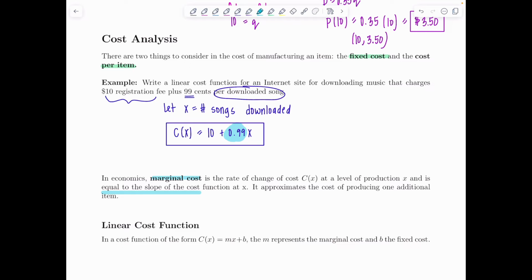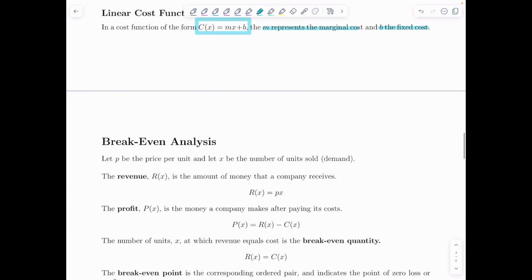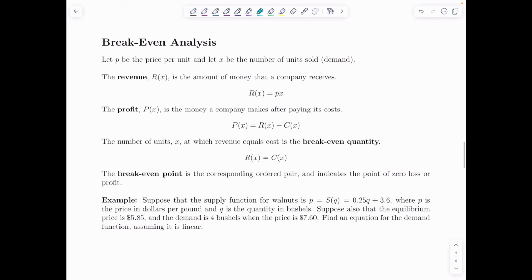So if you have a linear cost function that has the form C of X equals mx plus b, then m represents the marginal cost and b is the fixed cost, okay? This is for linear cost functions. Later we'll look at other kinds of cost functions, but right now we're starting with the most basic kind, which are linear.